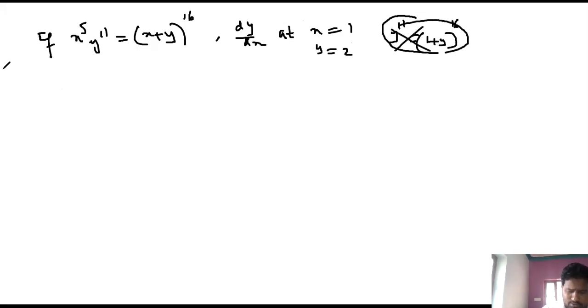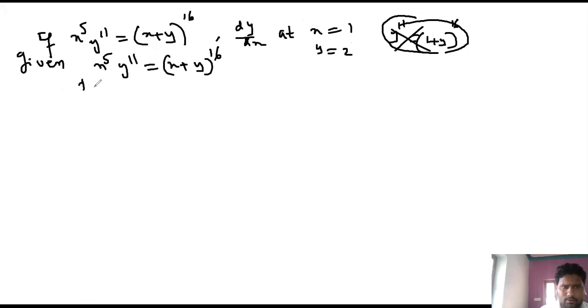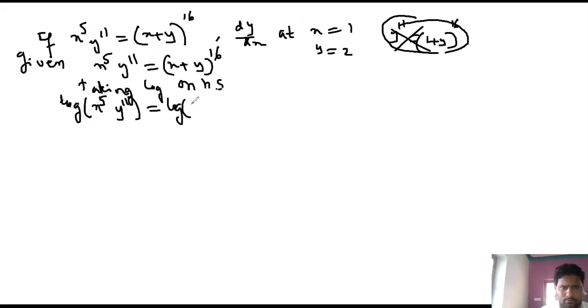So here given is x^5 y^11 is equal to (x plus y)^16. How to solve this? Taking logarithm on both sides. This can also be differentiated directly, but if you take logarithm, it becomes easier. So log of x^5 y^11 is equal to log (x plus y)^16.